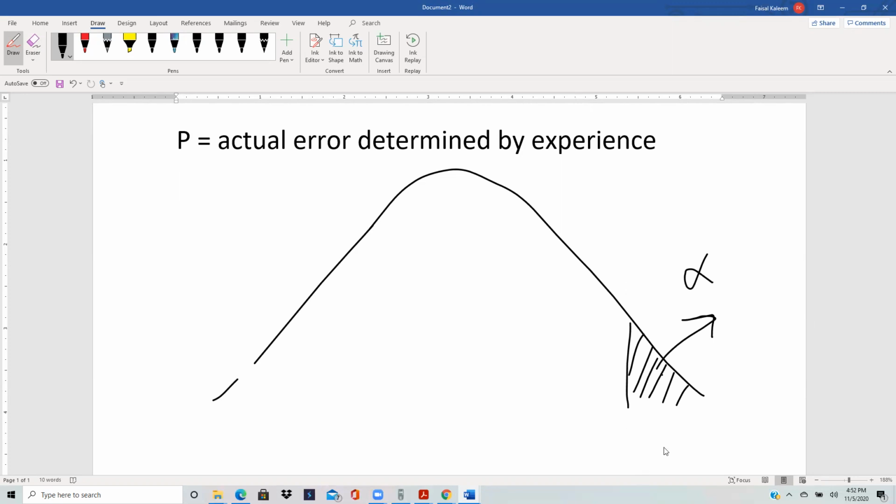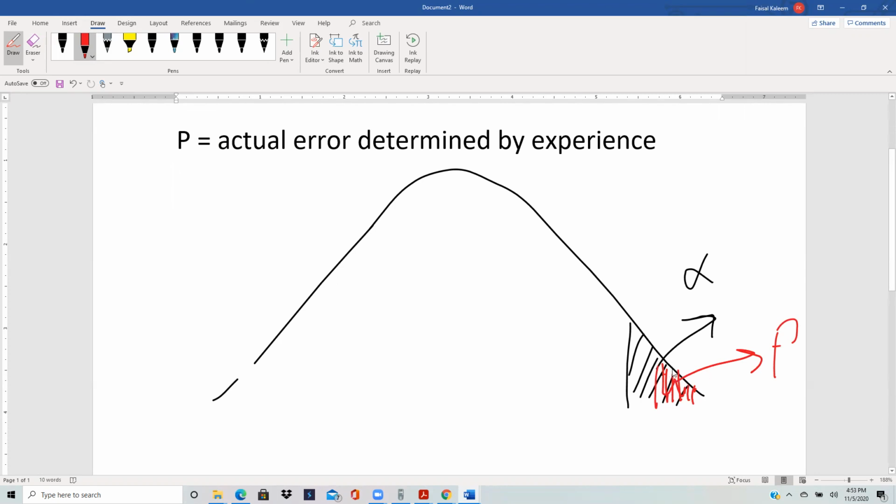And in order to reject the null hypothesis, the P should be less than alpha. So your P should be having a picture like this. So if we get this kind of situation that the P is less than alpha, so P is the red area, so in this situation, the actual error you are getting, which is the P, is less than alpha.